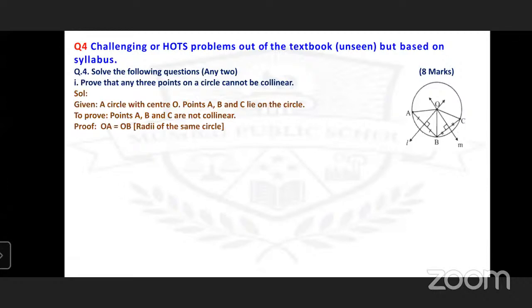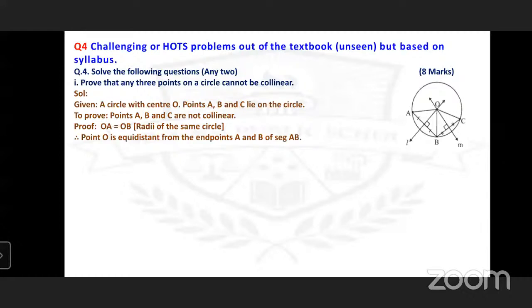So OA is equal to OB. Simple, na? Radii of the same circle. So OA is equal to OB. We write the first line. OA is equal to OB. And point O is equidistant from the end points A and B of segment AB. That is, OA and OB are equal, equidistant, that is the radii, na?